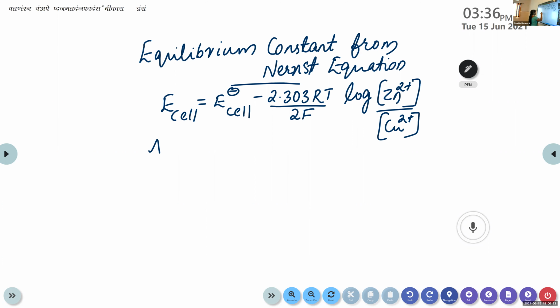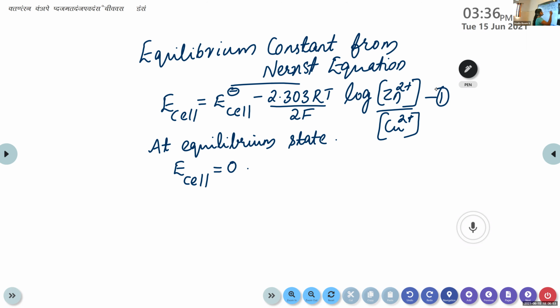Then at equilibrium state, E cell is equal to 0. That means the left side of the first equation is 0.